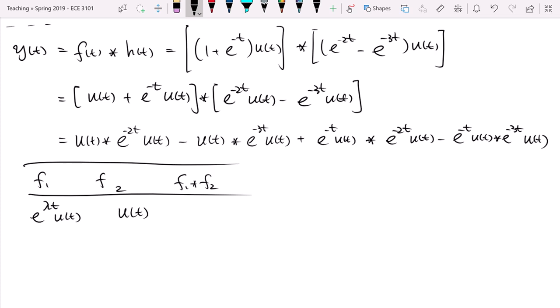I'll write the first one. It says if it's e to the lambda t u(t), and the other is u of t, the convolution integral will be 1 minus e to the lambda t.